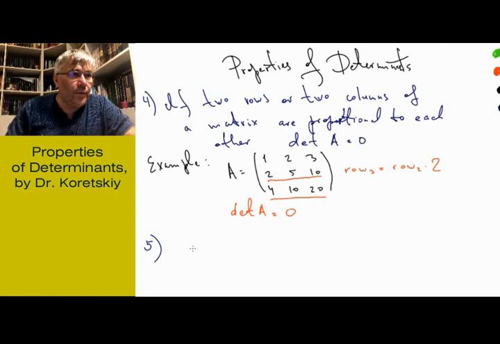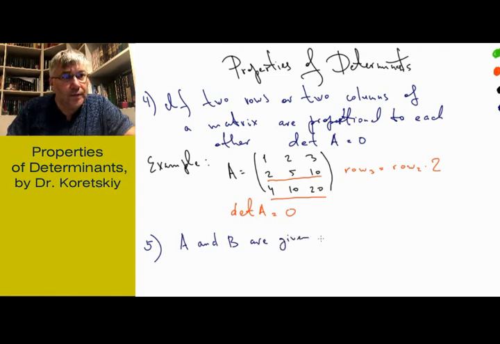For example, A and B are given matrices, they are square matrices with the same size.